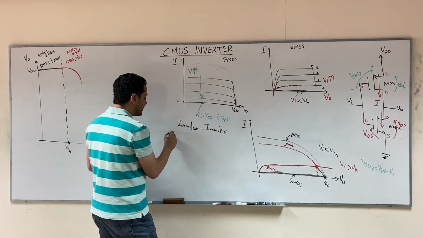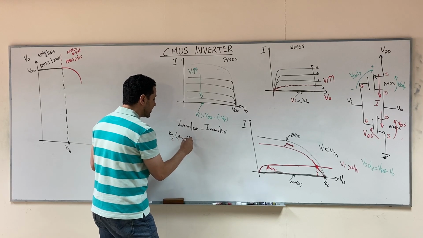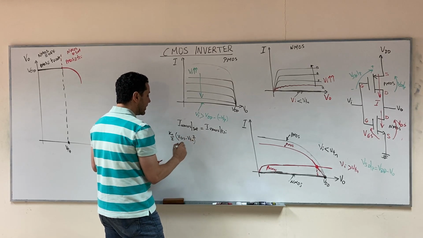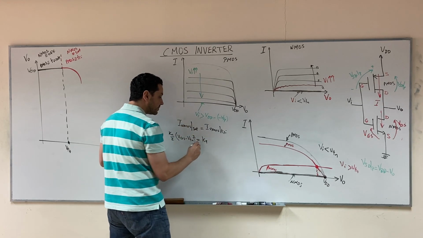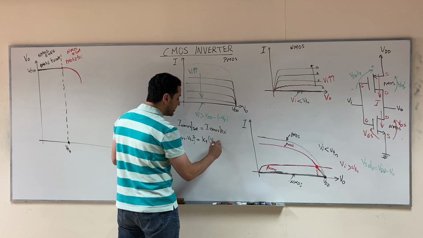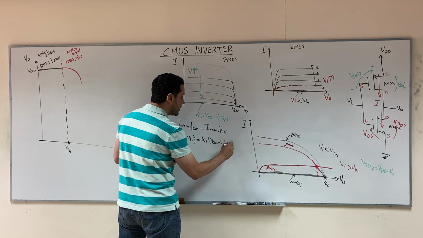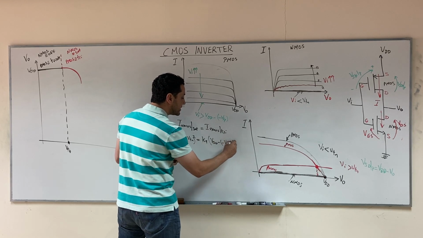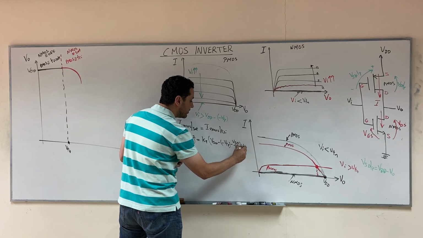The current of the NMOS in saturation is Kn over 2 (VGS minus V threshold) all squared, which equals the current of the PMOS in triode, which is Kp, instead of VGS, it's (VSG minus V threshold P minus VSD over 2) multiplied by VSD.